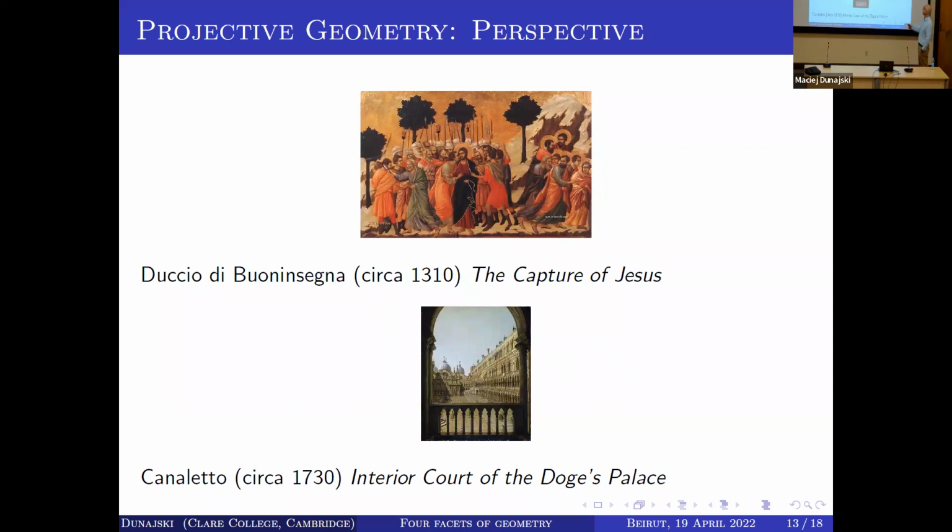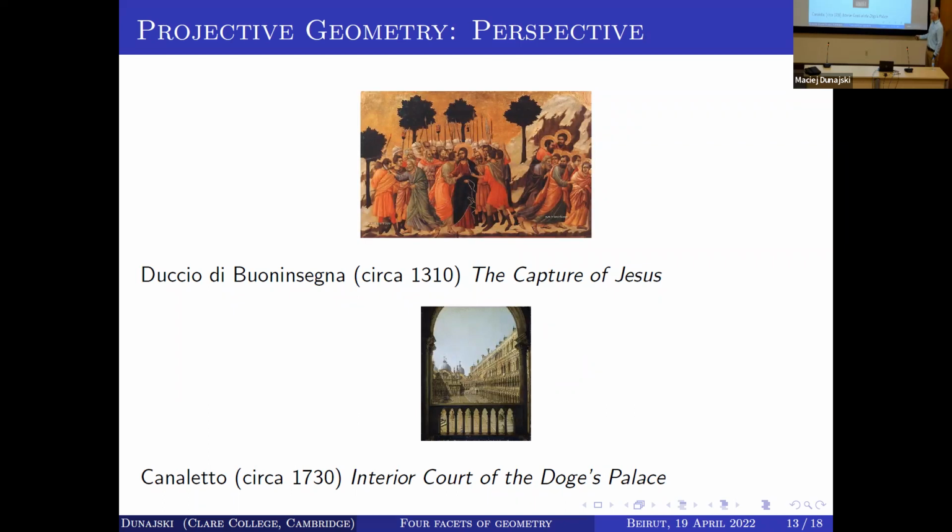This is not how you would see this picture in reality, because although the tree is bigger than Jesus who is being captured here, it would appear to us that it's smaller, but people would really use the rules of Euclidean geometry and depict things as they are, not as one sees them.